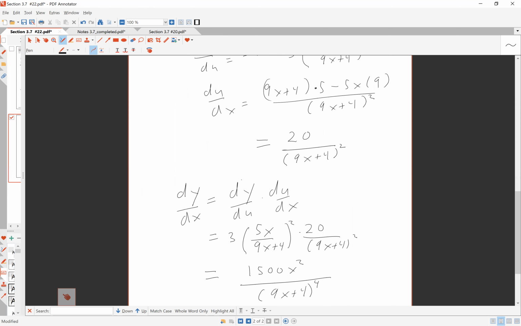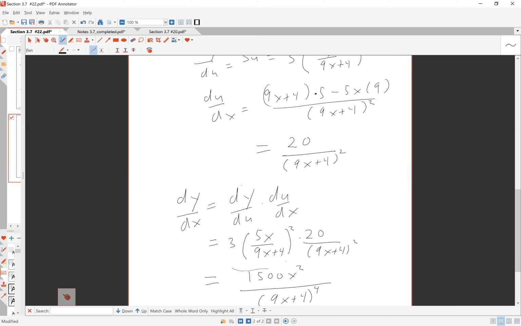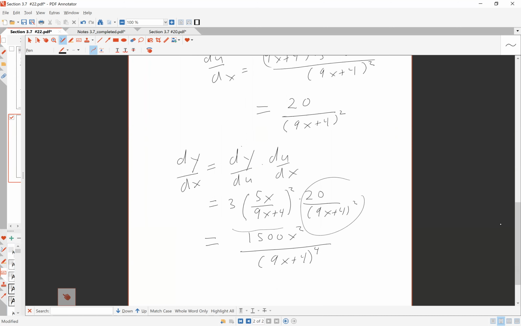So we get 3 times 5x over 9x plus 4 squared, that's dy du, and then this is du dx, 20 over 9x plus 4 squared. Then you just simplify, and I skipped a bunch of steps. You get 1500x squared over 9x plus 4 to the fourth.